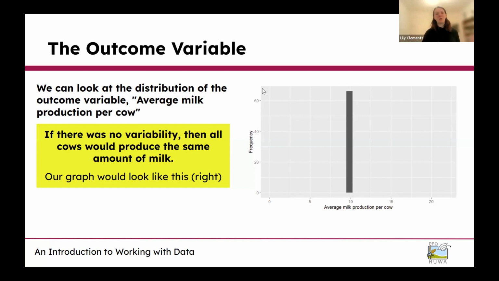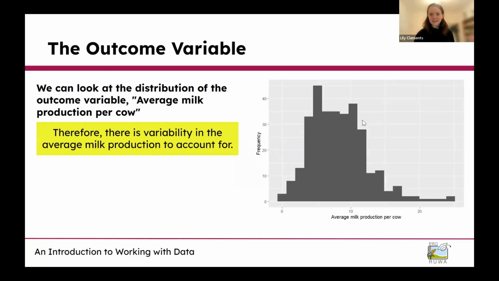But if we were to say all of our cows, or all of our households, or all of our farmers, if all of our farmers found that their cows produced on average 10 liters per cow, then we would have just one straight line up at 10.